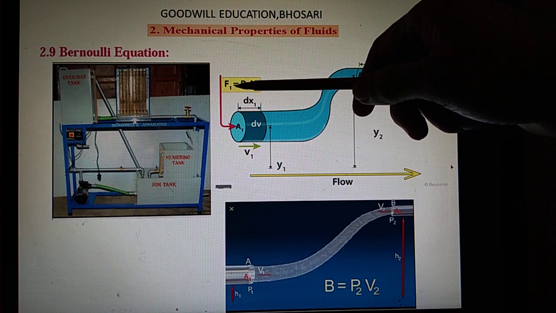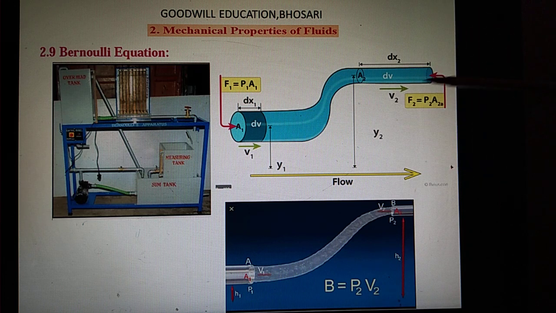Here is the force entering, and this is the force leaving, that force is P2 A2. Similarly here this is a picture same as this one. Okay, so these are the pictures. Remember this while learning Bernoulli's principle. Okay, is the idea clear? Okay, this is an experimental arrangement in the laboratory.